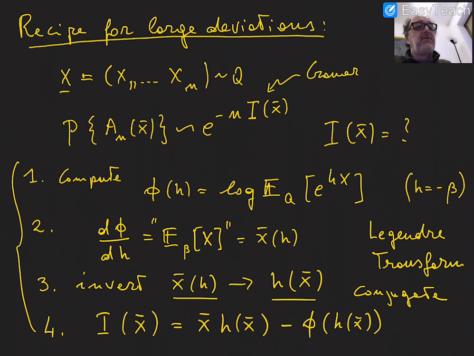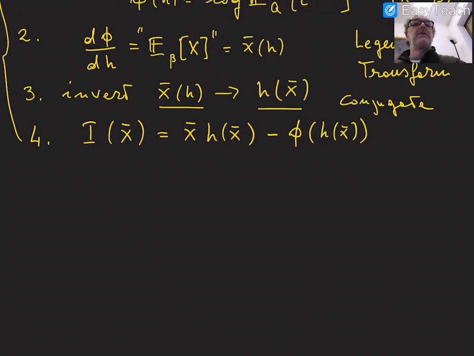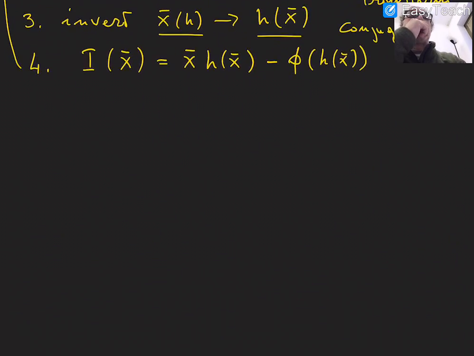The Legendre transform transforms a convex function phi into a convex function I. Okay, and phi is also the Legendre transform of I. So this is a reversible transformation. So let's make a simple example of this.